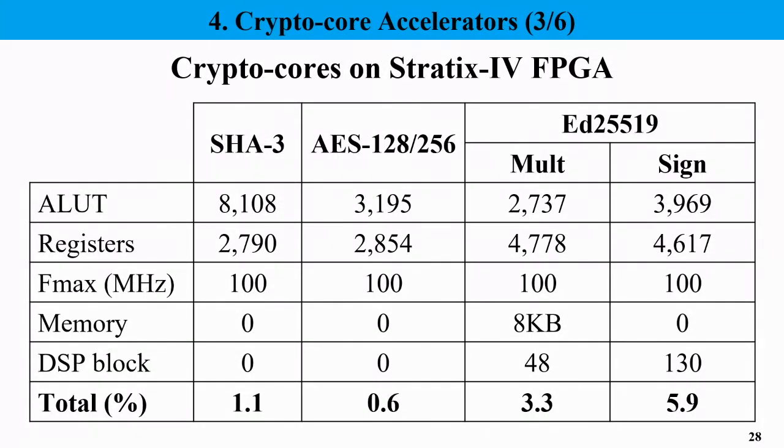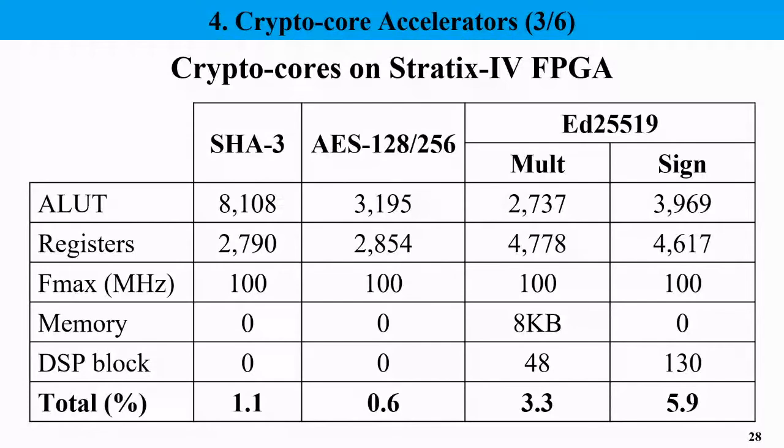This table reflects the logic utilization of the crypto cores. The biggest core implemented here is the ED25519 sign accelerator, which contains most of the logic for arithmetic multipliers. The base point multiplier also contains arithmetic multipliers, but its resources are bigger in memories, where the secure keys are stored and actually operated.